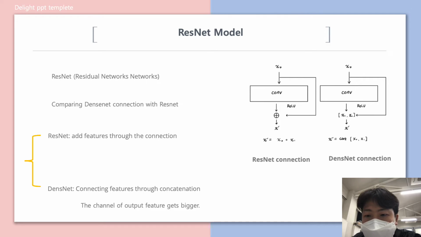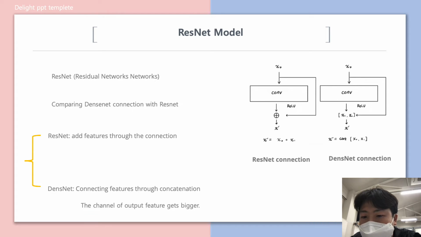Next, we will talk about ResNet. There are various variations depending on the number of layers, and ResNet with 152 layers is commonly used. ResNet was modified based on the VGG 19 model.